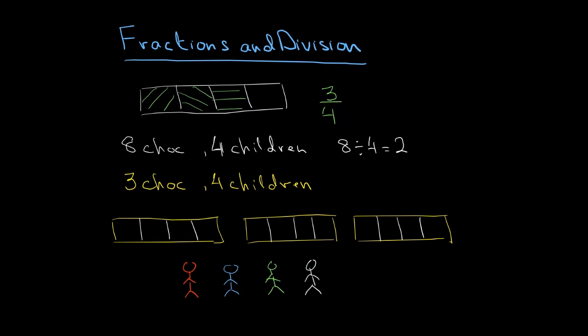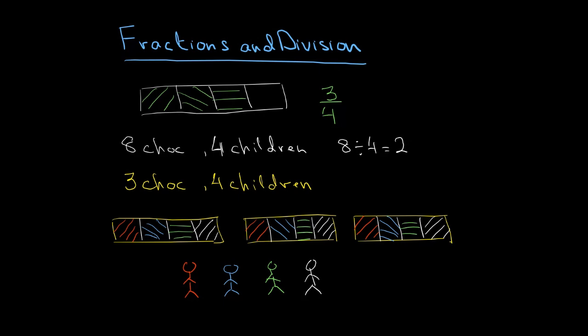For each one of them, I'm going to take a piece from each one of these chocolates, and then I'll do the same for the blue child, the green child, and the white child.